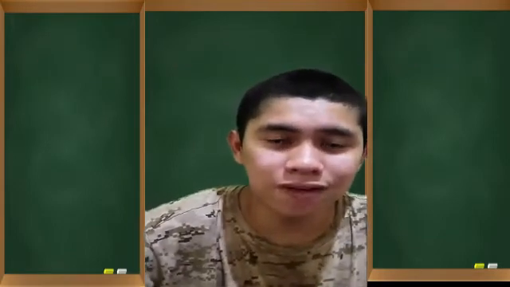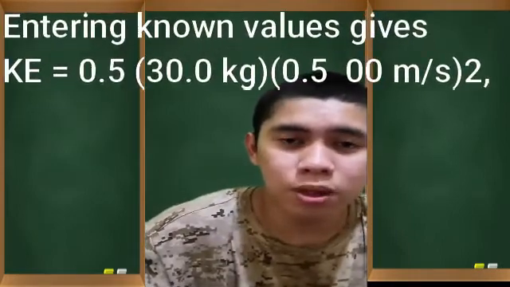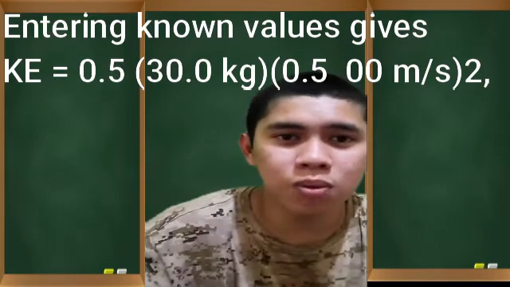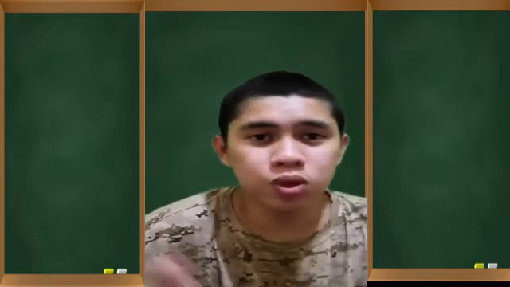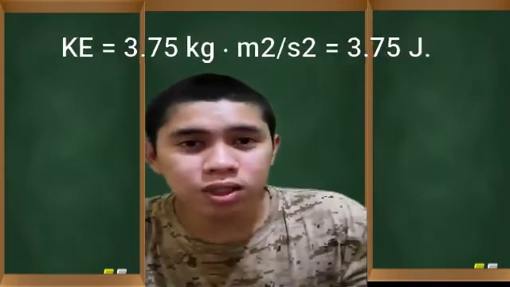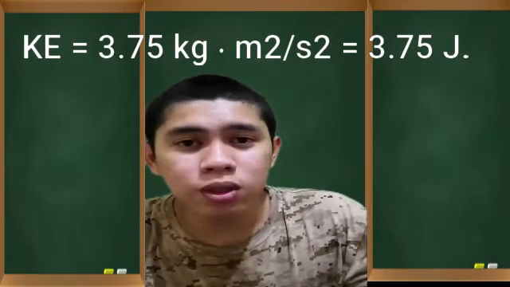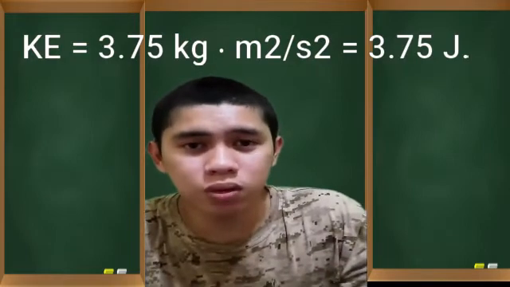Entering known values gives KE equals 0.5 multiplied by 30.0 kilograms multiplied by 0.500 meters per second squared, which yields KE equals 3.75 kilograms m squared over s squared, equals 3.75 joules. Note that the unit of kinetic energy is the joule, the same as the unit of work.